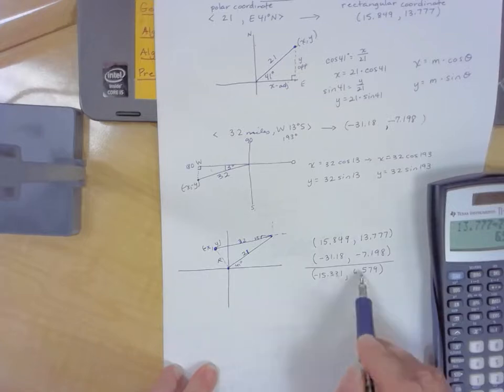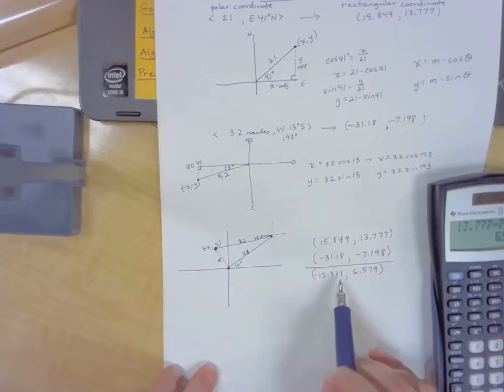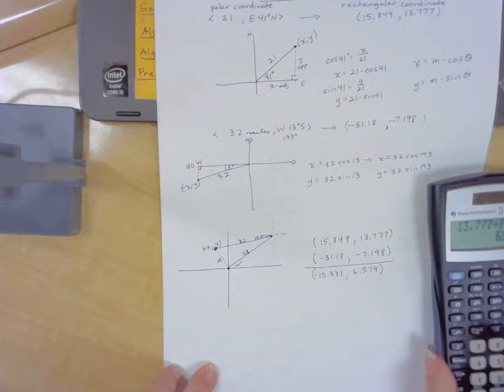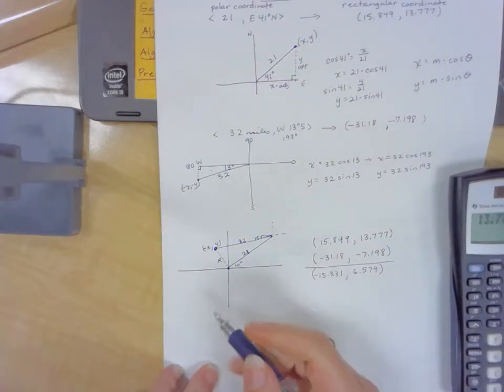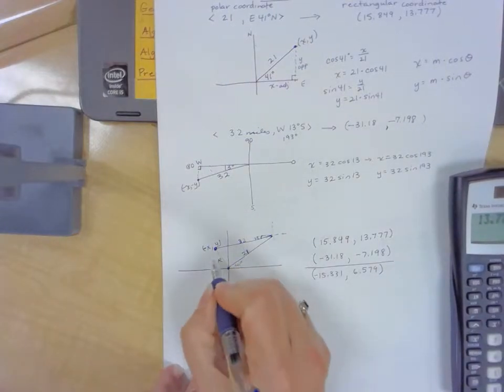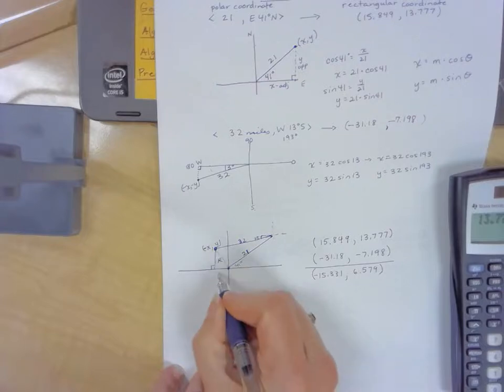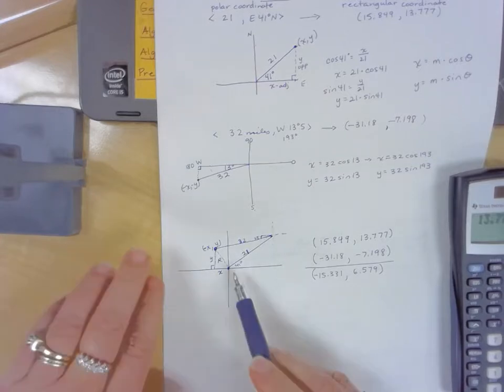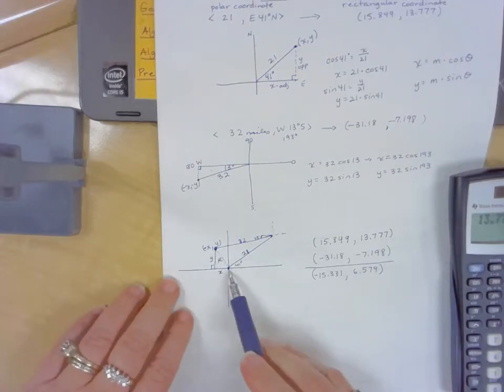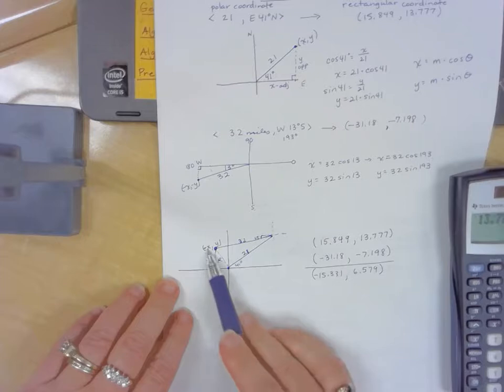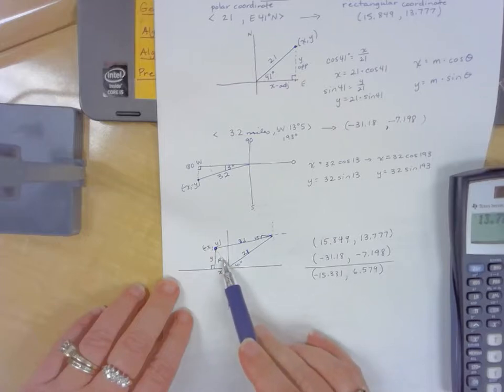So how can we take this information and go back into a polar coordinate? Because your answers really should be in polar coordinates as they started in. So let's picture this spot as an x and a y and drop our perpendicular, which makes this a right triangle. We know the x coordinate, we know the y coordinate, we don't know this length. That's a right triangle.